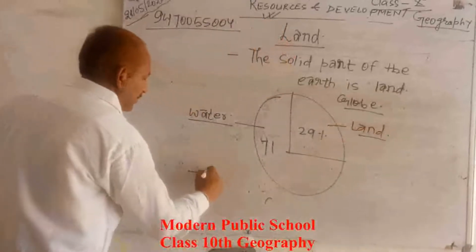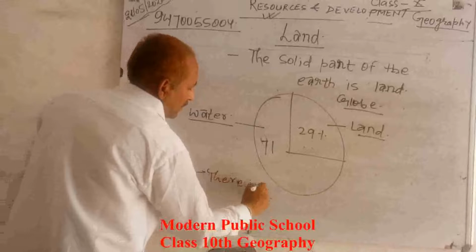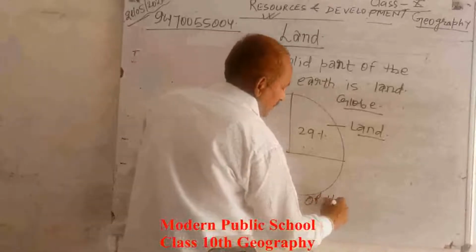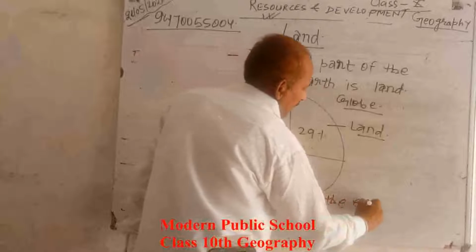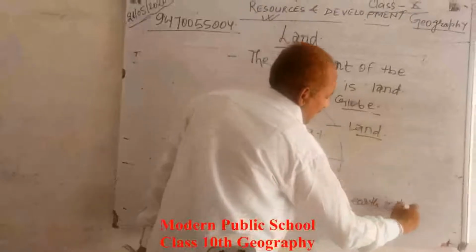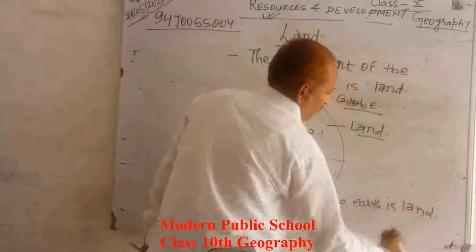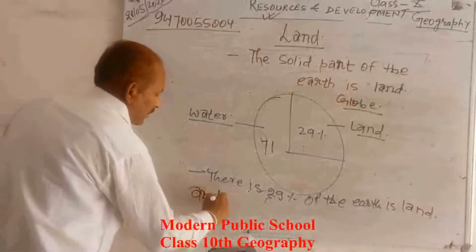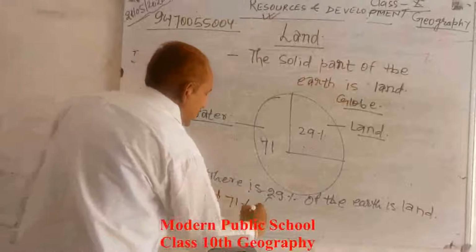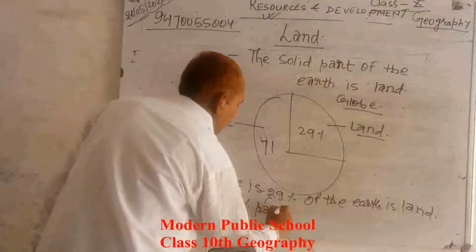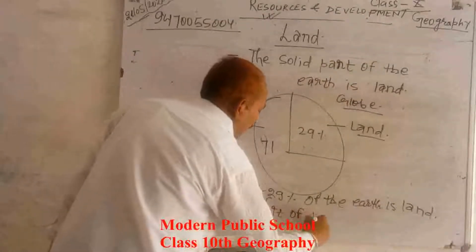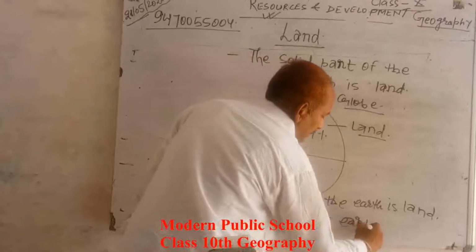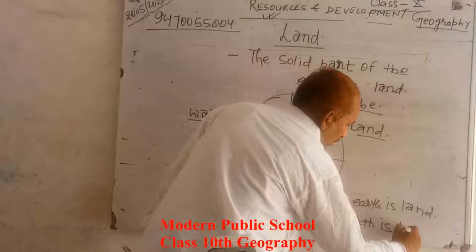It means 29% of the earth is land, and 71% part of the earth is water.